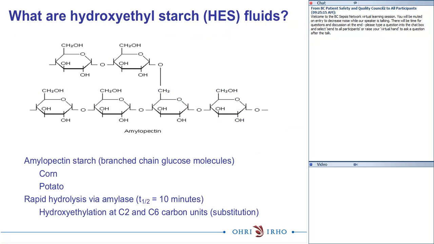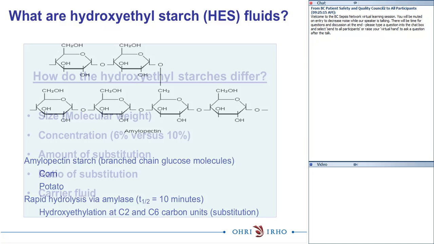So in order to increase their half-life, the manufacturers hydroxyethylate them at the second carbon and the sixth carbon, and that's what we call the amount of substitution for the hydroxyethyl starch. And that becomes important because the amount of substitution, to a great extent, determines how long those starches stay in the intravascular space.